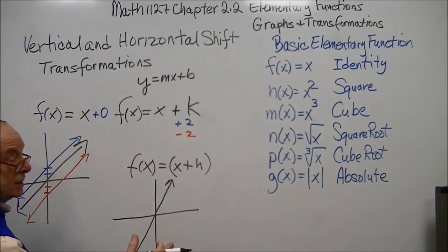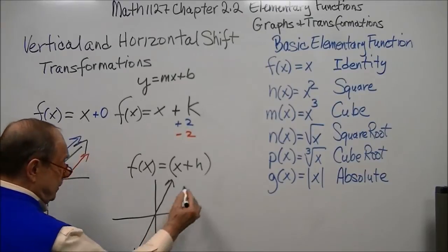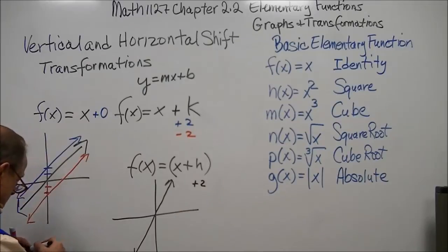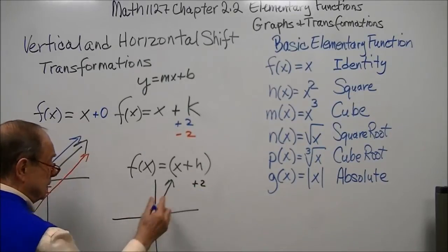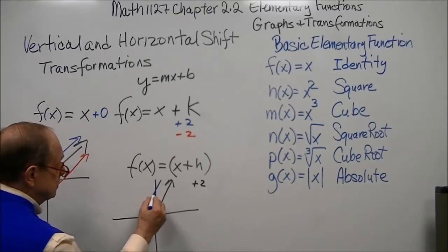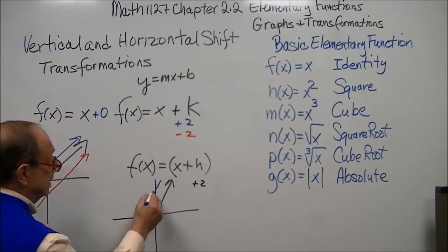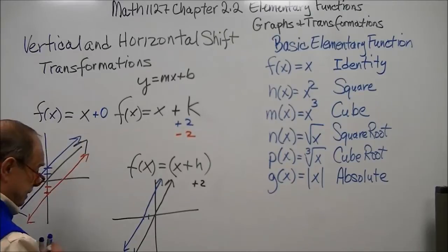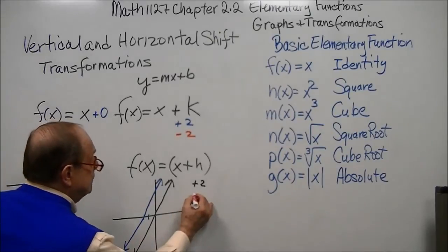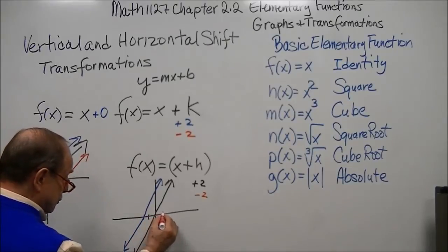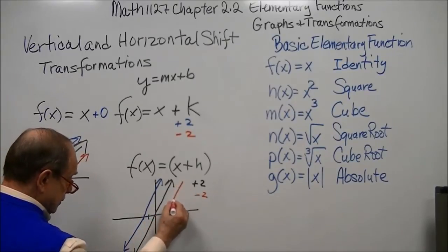And I'm assuming we'll get to that a little later. But if h is, let's say, a positive 2, we're going to shift that actually to the left to a negative 2, and it'll look like that. Or if it is a negative 2, we're going to shift that to the right 2 units.